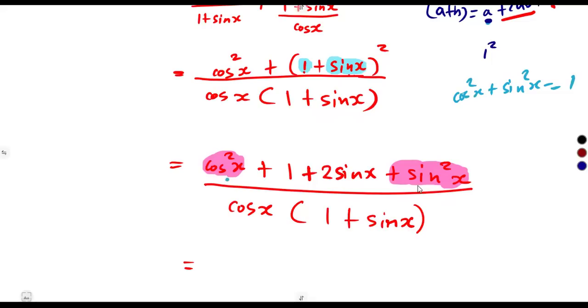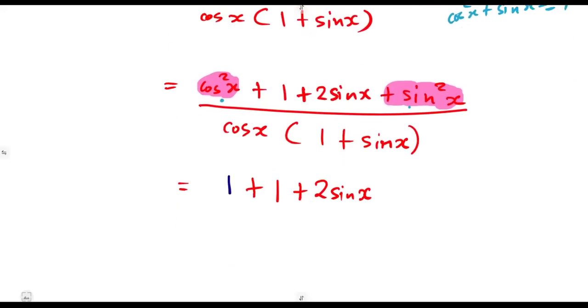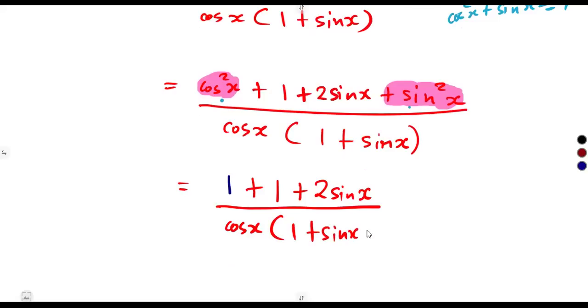So if we take this one and this one, we are having a number 1. The rest here remains as it is. So you're going to have plus, remember here there was a 1 plus 2 sine of x. Everything over cos of x into 1 plus the sine of x.